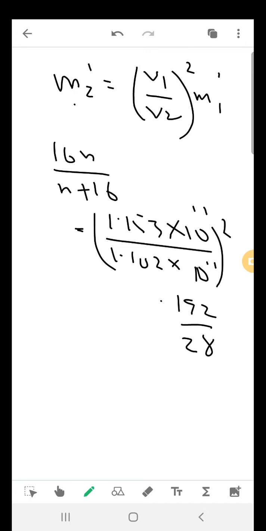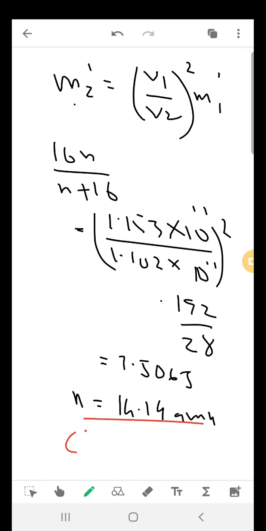So it comes around 7.5065. So the value of N comes around 14.14 atomic mass unit. So this is the solution for CnO16. This is the value of N.